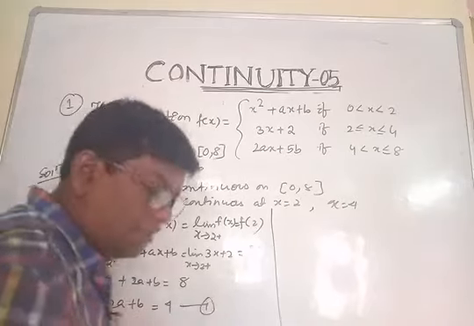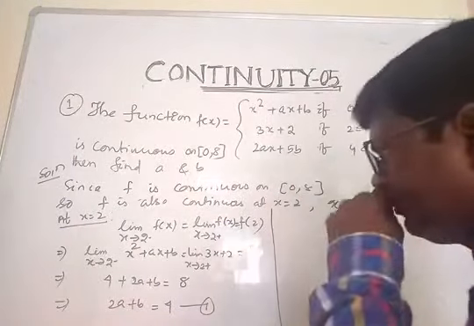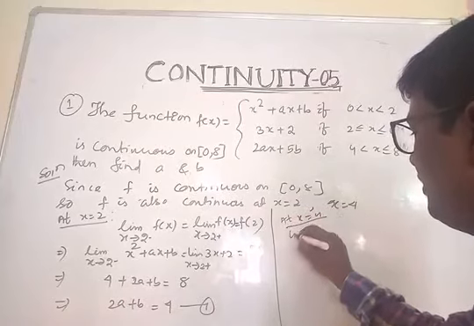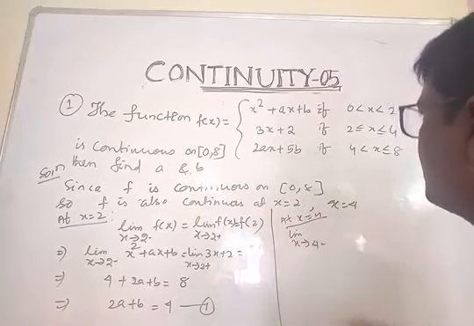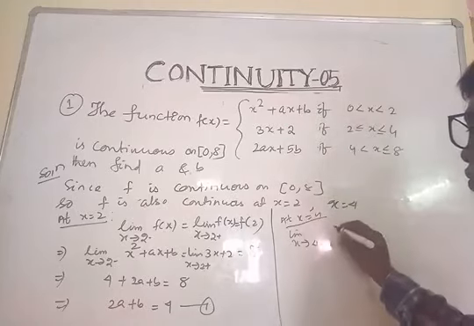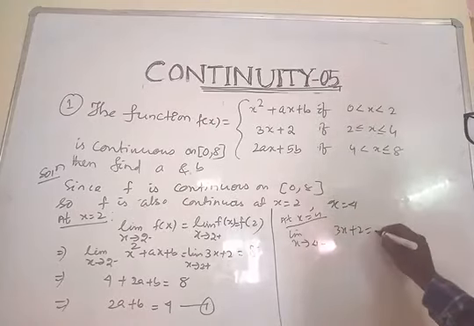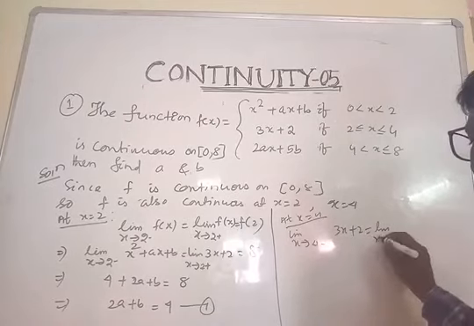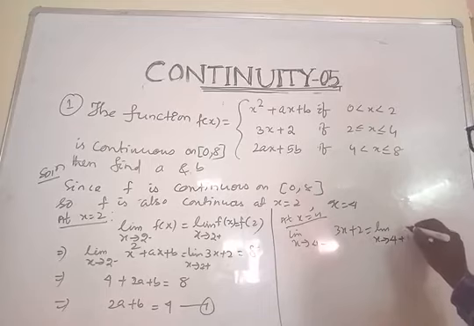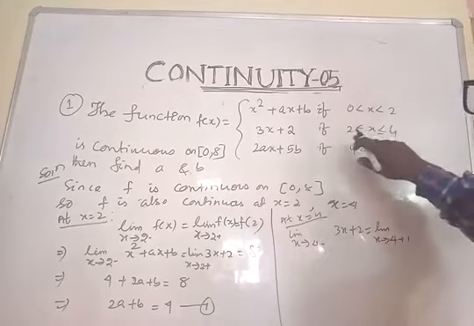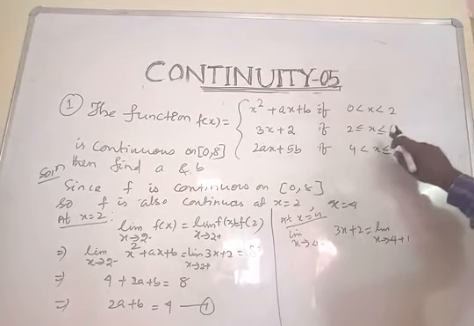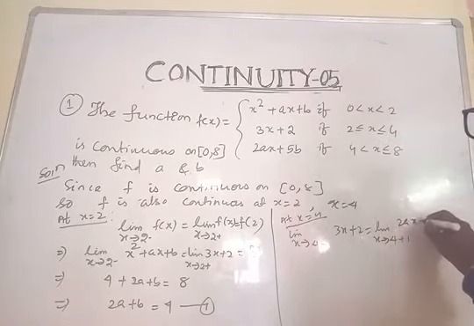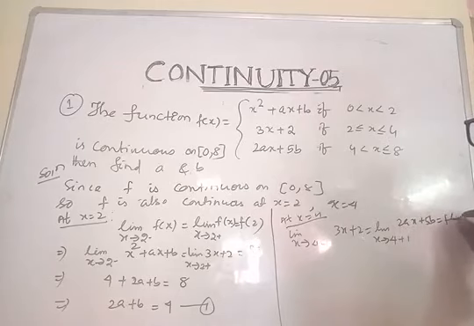Now again, at x is equal to, suppose, 4, the limit as x tends to 4 minus, meaning less than 4, of 3x plus 2 is equal to the limit as x tends to 4 plus, meaning greater than 4, of 2ax plus 5b, which is equal to f of 4.